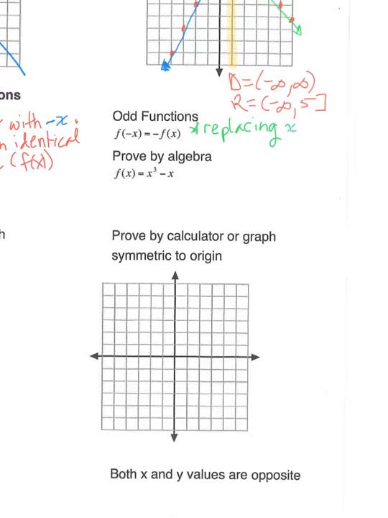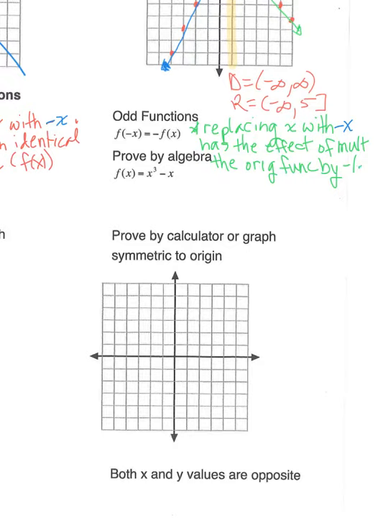Replacing x with negative x has the effect of multiplying the original function by negative 1. In other words, all signs change.